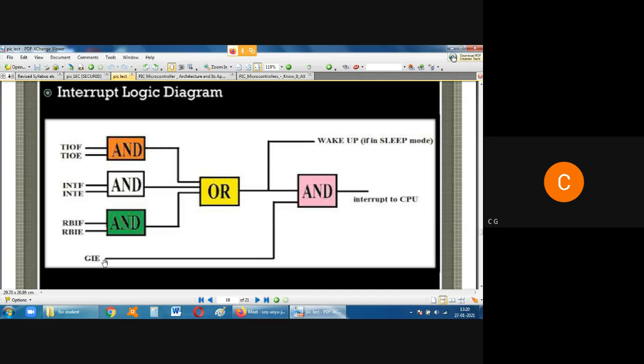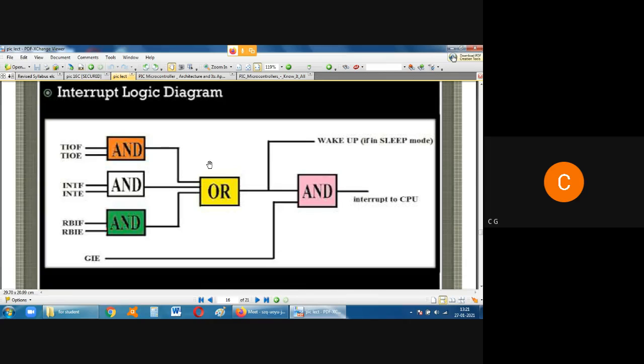So this interrupt enable pin is always one. If these are not working but the processor is in sleep mode, then you can have an additional input called wake up, which is going to wake it up. If the processor is performing a certain operation and some interrupt is coming, like when you press a button, or you want to enter something from the keyboard and you press the keyboard button, then that particular interrupt will come.